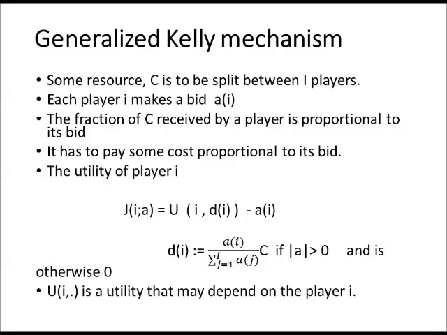In addition, it has to pay some cost proportional to its bid. The utility of a player is thus the difference between the payoff, which is some utility U that depends on the amount d_i it gets, minus the bid a_i it proposed. The utility U may change from one player to another.